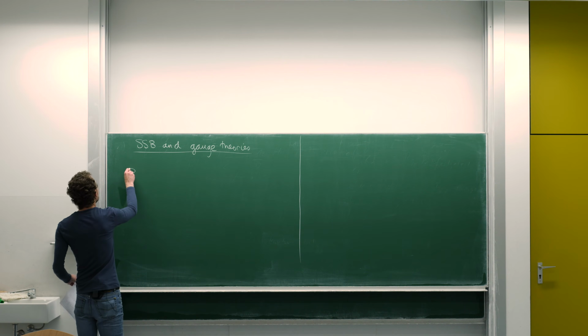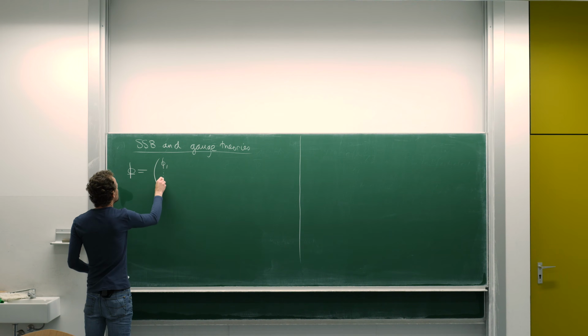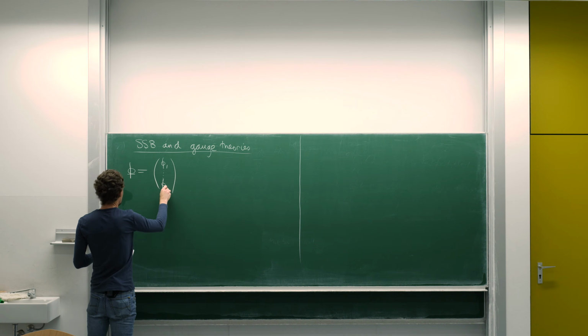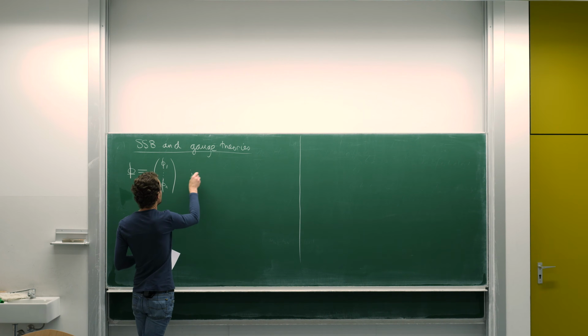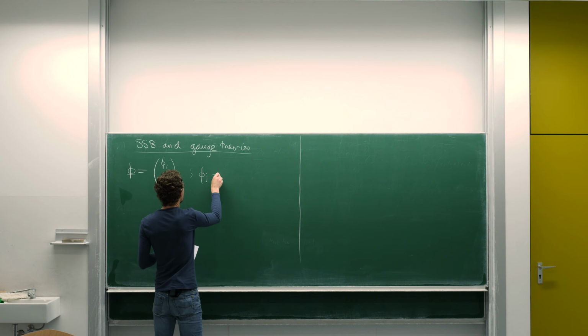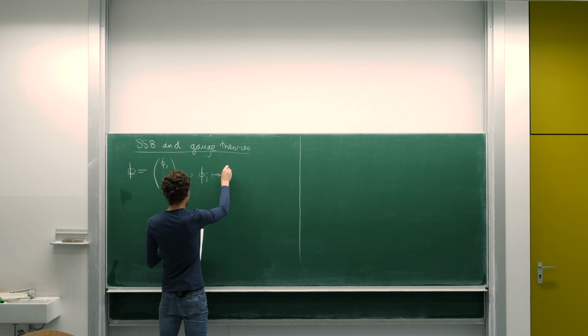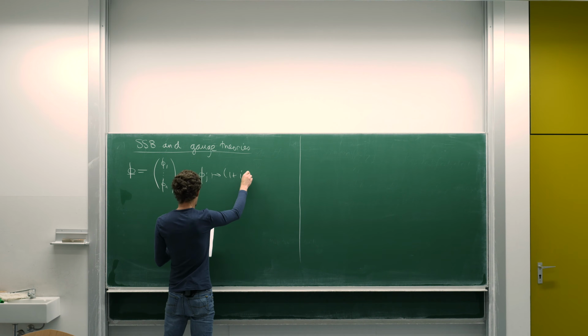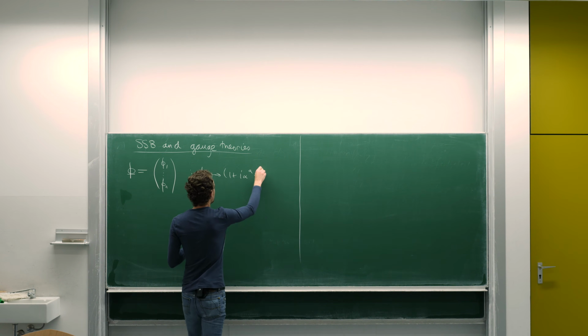So if you recall from the previous lecture, in the case where we have a tuple of scalar fields, that transform under some local gauge symmetry according to some group.